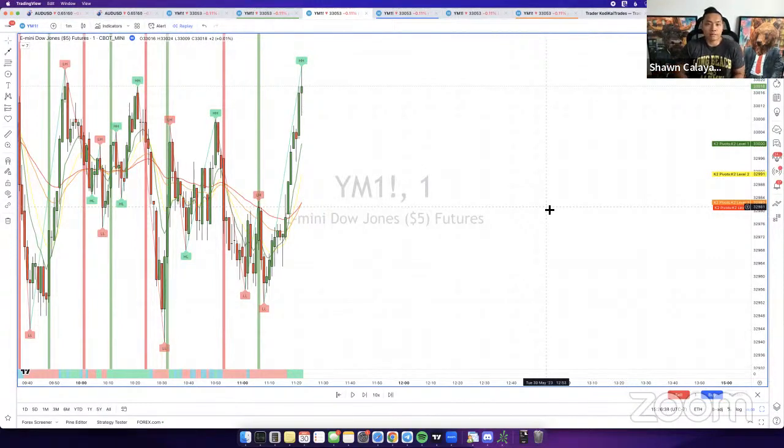So I think live forward testing is the best way to get better at trading. Backtesting is just good if you're trying to test out a strategy, but all the strategies have already been tested, so you don't really have to backtest them. You just have to forward test them and see how they play out, because market conditions are always going to be different. They're never going to be the same.